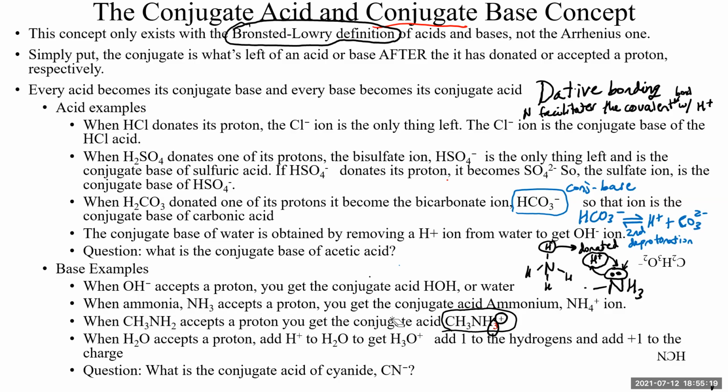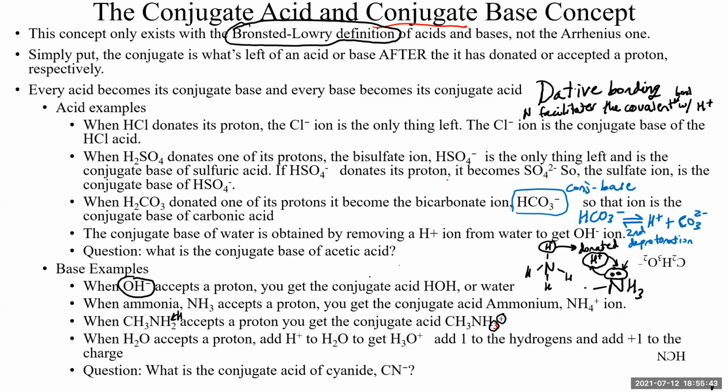So how do you figure out the conjugate acid? Simple, just add another hydrogen to the nitrogen and add a +1 charge. And that's how you figure out the formula for the conjugate acid of a base, of a Bronsted-Lowry base. What about hydroxides? Well, metal hydroxides don't typically accept protons.